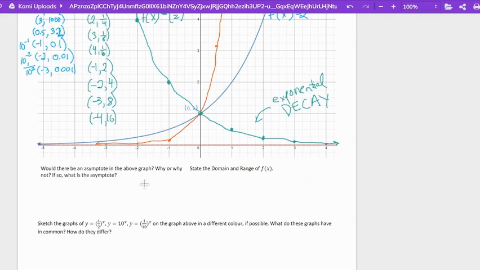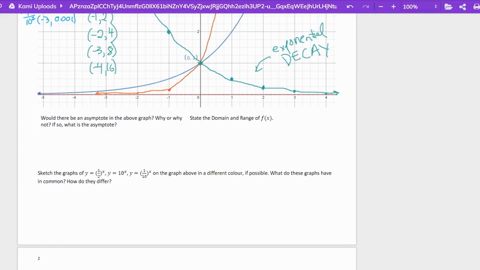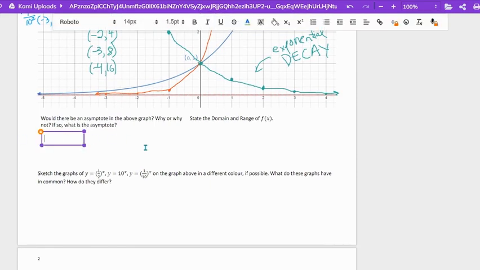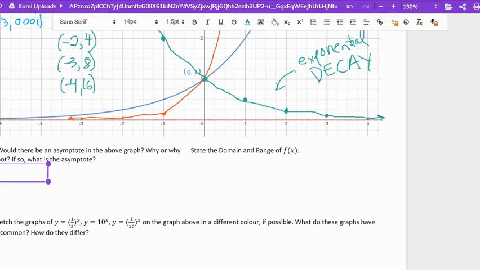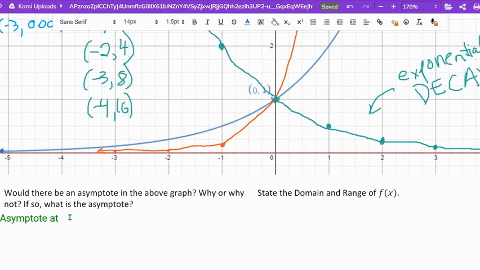Would there be an asymptote in the above graph? Why or why not? State the domain and range. Okay, so yes, there's an asymptote, right? We already mentioned that. So we're going to say asymptote at what? What is the equation of the asymptote?